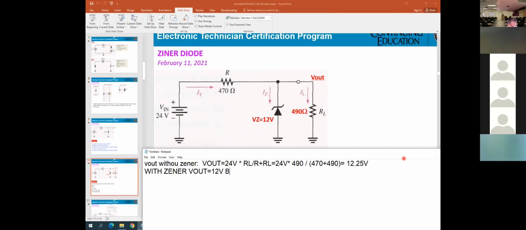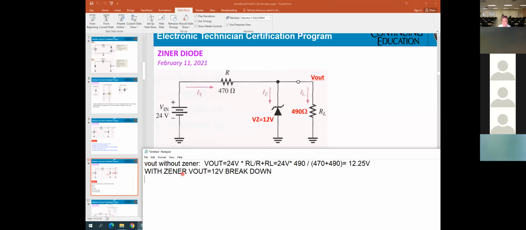That will be breakdown. Now if you get a question, they say we are without the Zener, it will be 12.25.